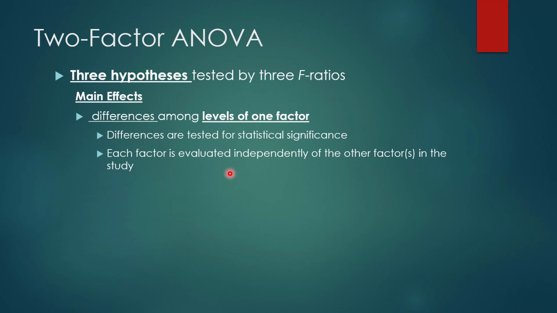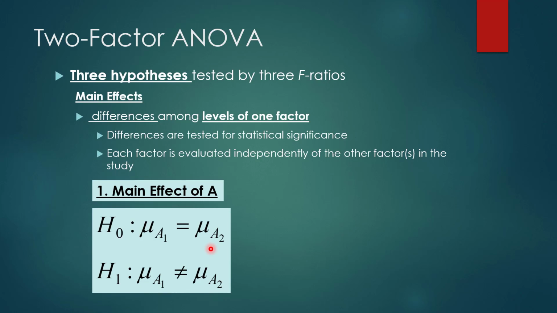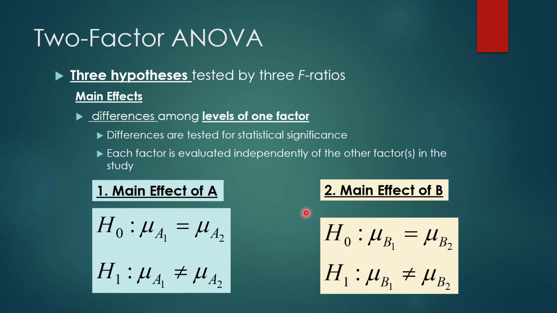the other independent variable. So for our hypothesis, we're going to see that the null hypothesis is going to say that the mean of level 1 for treatment A is going to equal the mean of level 2 for treatment A. And the alternative hypothesis is going to say that they aren't going to be the same, that there's going to be some difference. And then we're going to have a hypothesis for the main effect of B. And again, the null hypothesis would say that the mean for level 1 of treatment B is going to be equal to the mean of level 2 for treatment B. And the alternative hypothesis would say that they are different.